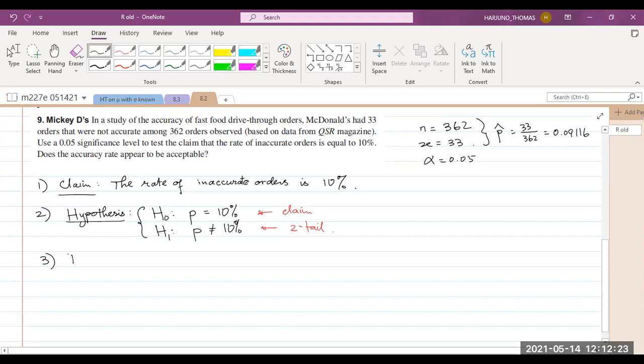So the test statistic Z equals 0.09116 minus 0.10 over square root of 0.1, that's the P, times 0.9, that's the Q, over 362.